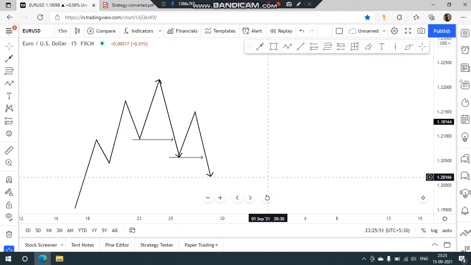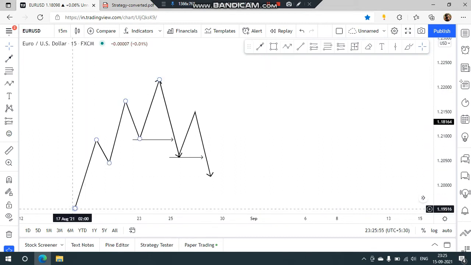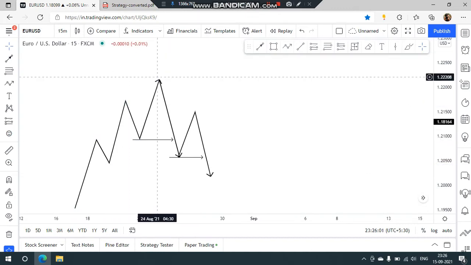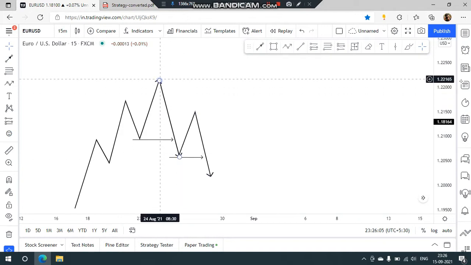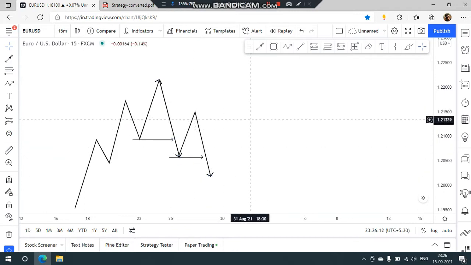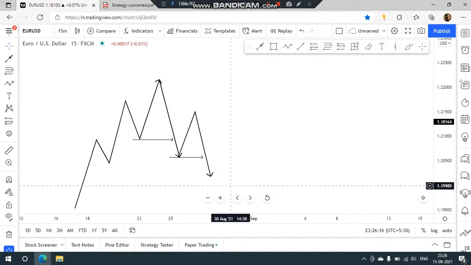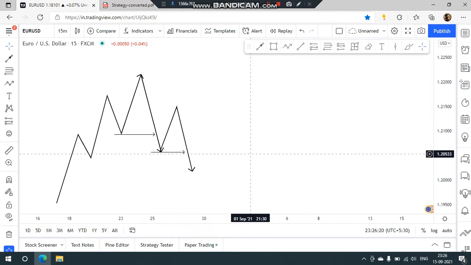That would define the change of trend to a downtrend. In the first part we have low, high, higher low, higher high, higher low, higher high, and then it broke here. Then this would be high, low, lower high, lower low. Similarly we can see that the trend is likely to change to a downtrend, and then we can go for a short position.